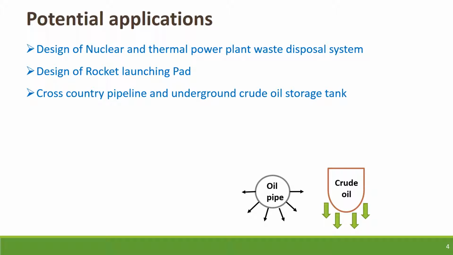Now let's see what would be the mode of heat dissipation from an oil carrying pipeline or an underground crude oil storage tank. Here we can see that the direction of the arrow describes the possible way of heat migration through the soil from that particular structure.